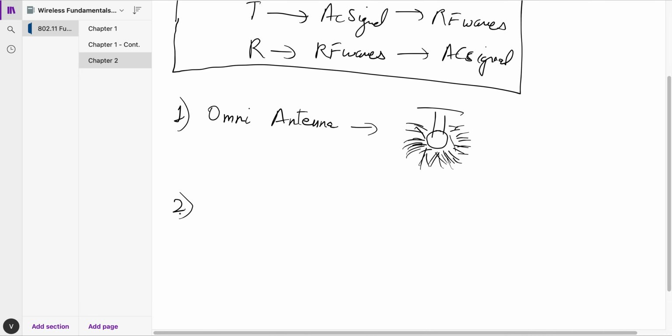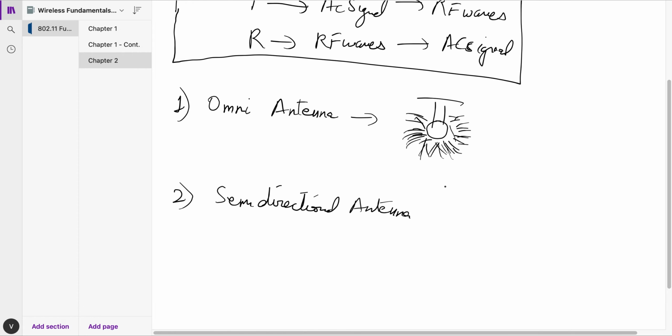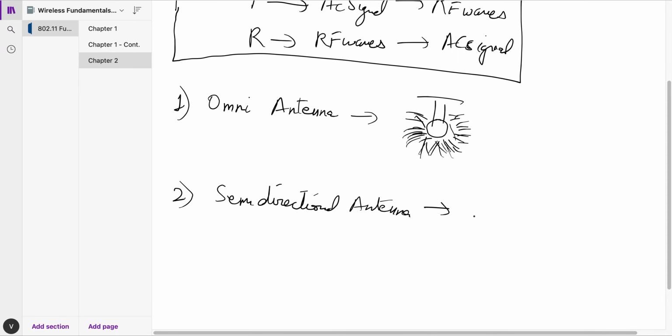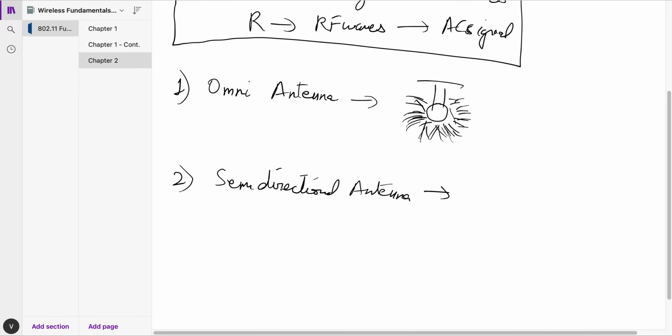Okay. The second one is a semi-directional antenna. This antenna is like a torch, and it radiates the energy in a specific direction. Let's say a torch is like this, and the signal is sent out in a specific direction like this.